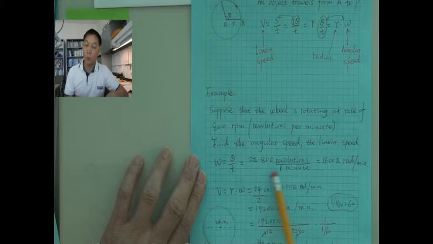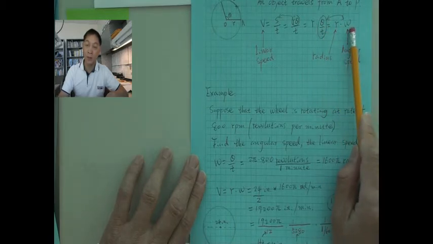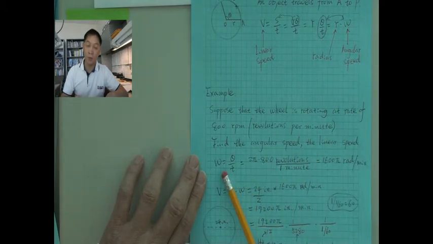That will be the angular speed, because theta divided by t is omega. So omega equals that: the amount of angle divided by the corresponding time.